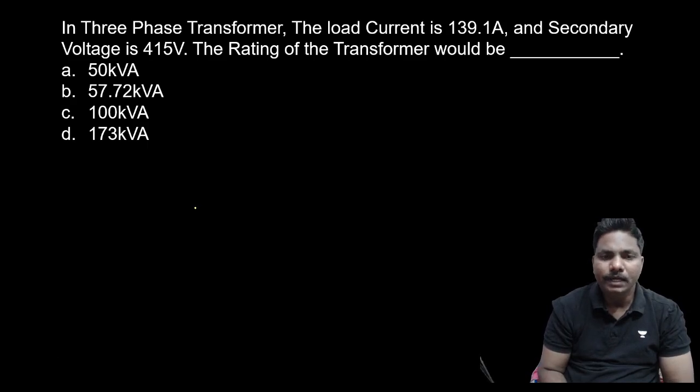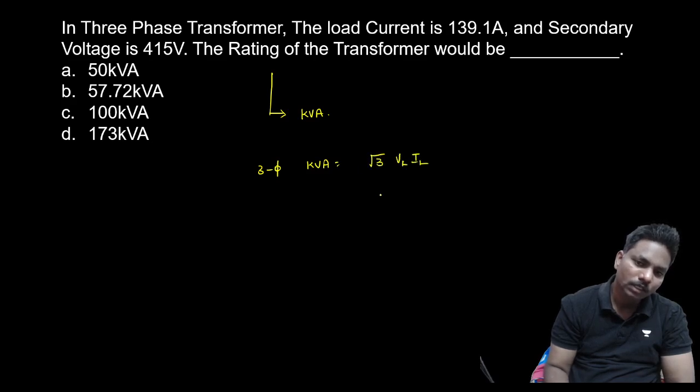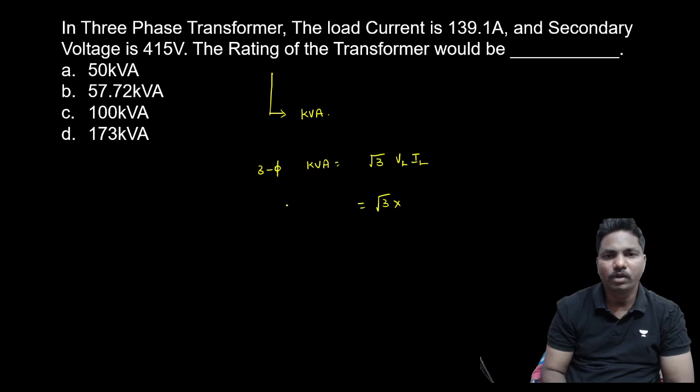In a three-phase transformer, the load current is 139.1 amp and secondary voltage is 415 volt. The rating of the transformer would be dash. The rating is nothing but in kVA. In case of three-phase, the kVA is nothing but root 3 VL IL, line voltage, line current. Unless they have given otherwise, we have to consider it is star connected.